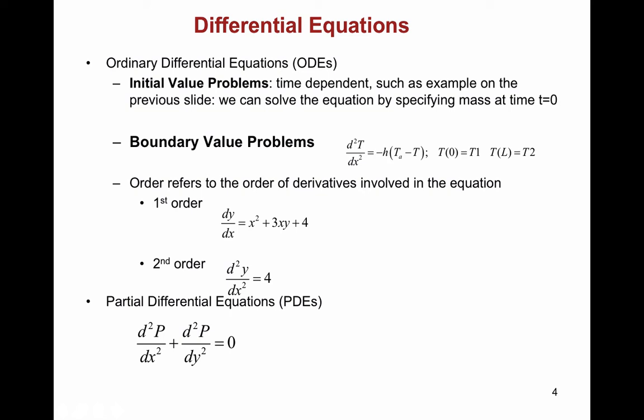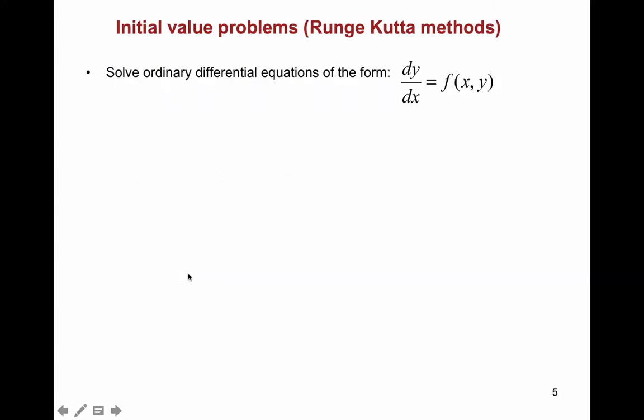Order refers to the order of the derivative in the problem. I could also have partial differential equations. We're not going to handle them here, but you have them in your project as an example. If you have a function that depends on multiple spatial variables, then you can have partial derivatives, and you need to solve those as well. So here we focus on initial value problems, basically of the first and second order.